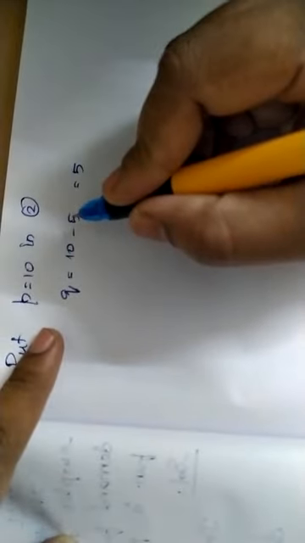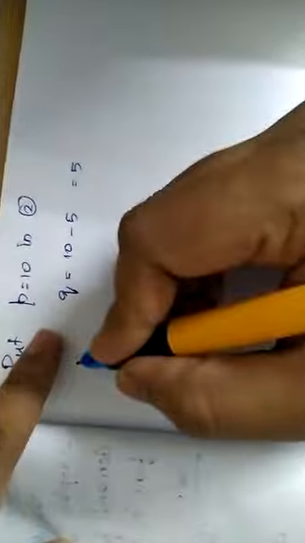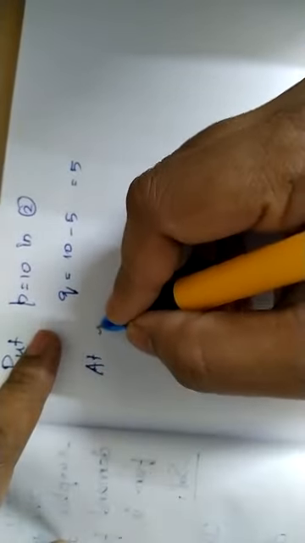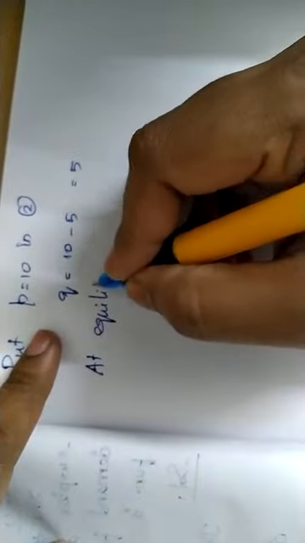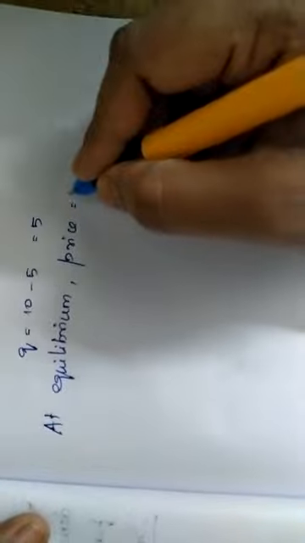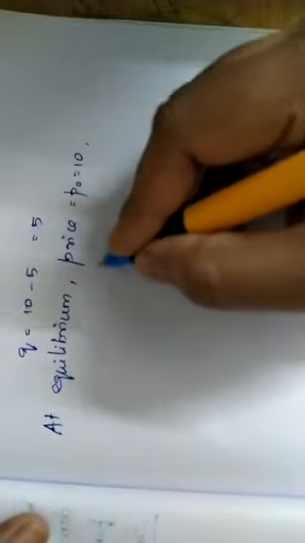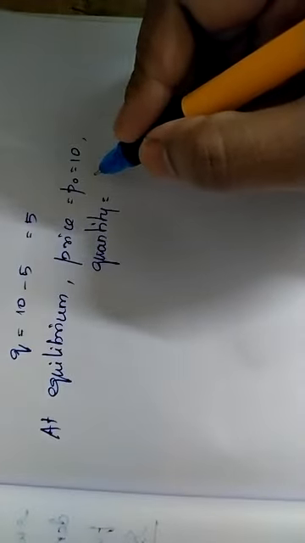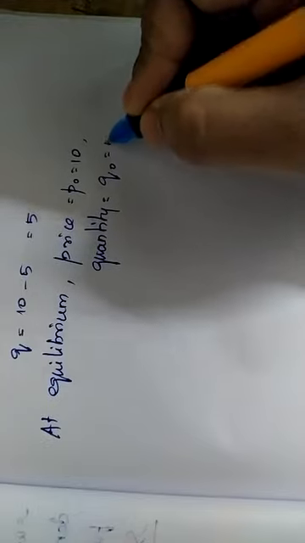From this we obtain the values for P and Q, which are our P naught and Q naught. So at equilibrium, price equal to P naught is 10, and quantity equal to Q naught is 5.